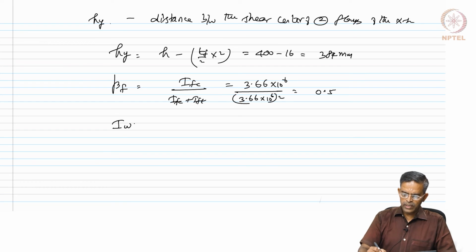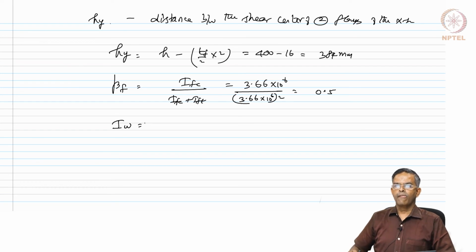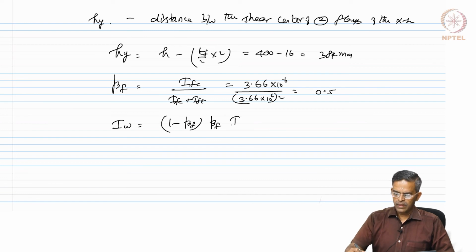Now, let us work out Iw, which is given by 1 minus beta f Iy Hy square.